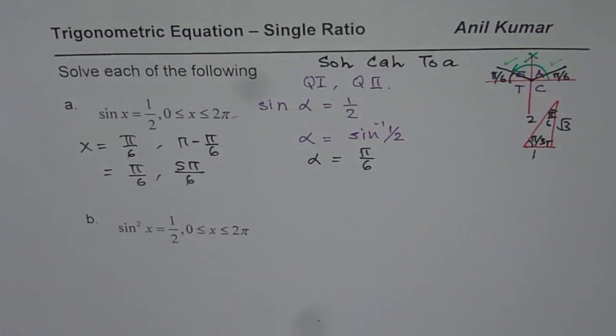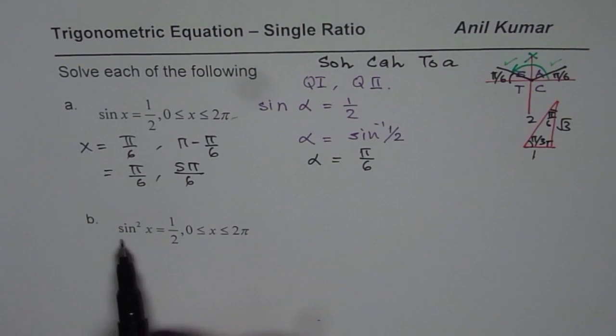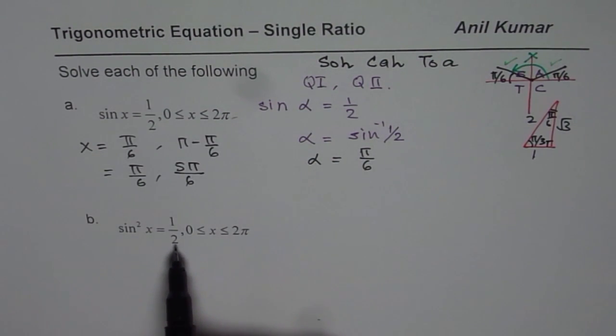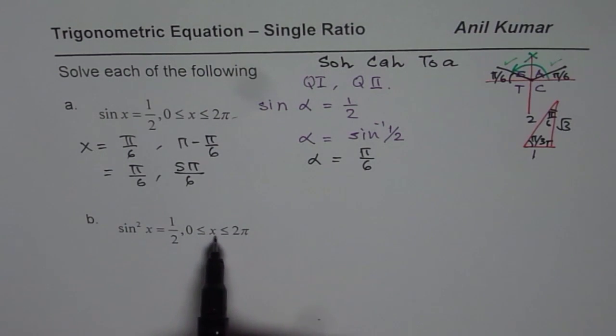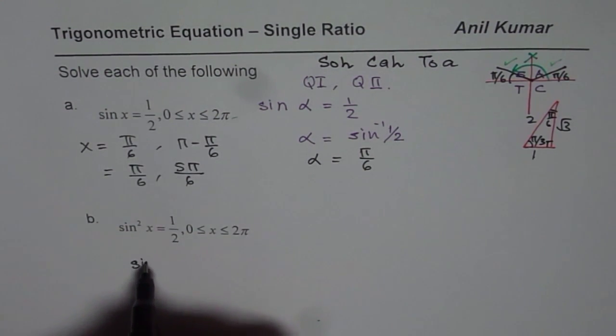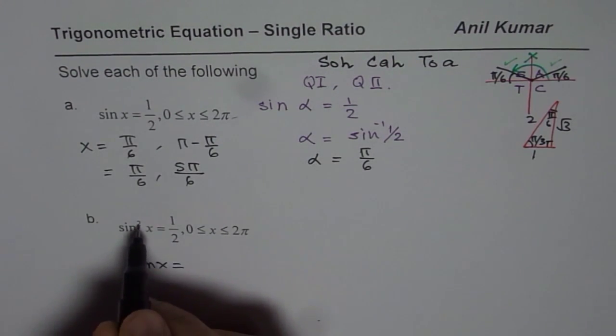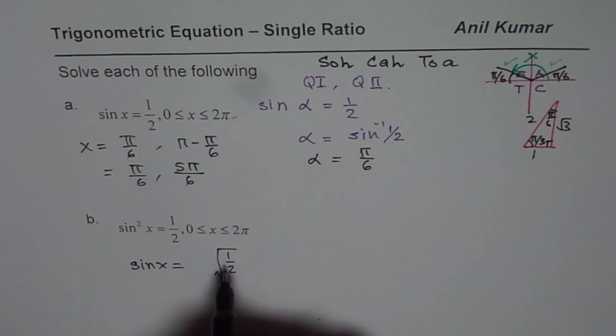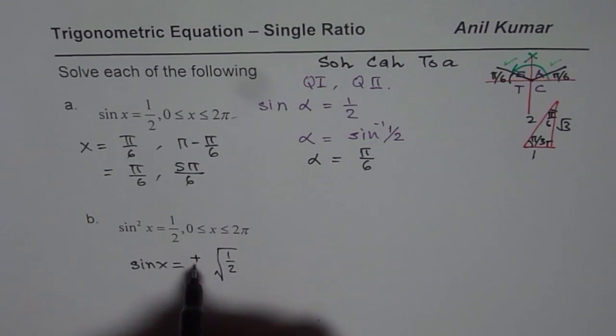Correct? The last step is to check. Quickly check your answer with the help of your calculator. Okay, let's move on to the second question, which is sine square x equals to half, where x is between 0 to 2 pi. So the first step, of course, is we can find what is sine x equals to. You have to do square root. So we do square root of 1 over 2. Whenever you do square root, you have to write plus and minus.